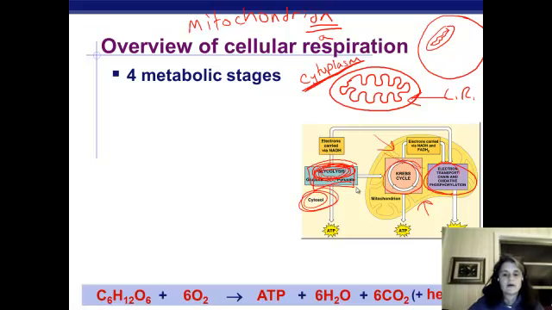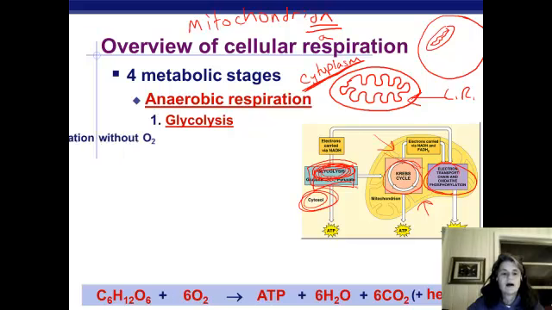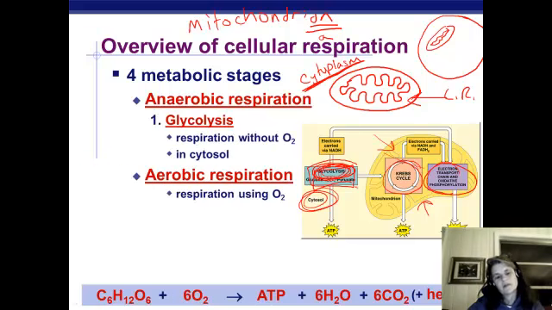Okay? So, this slide is basically showing you, let me get all the words up here. There are two fundamental types of respiration. One of them requires oxygen, and that's aerobic respiration. Okay? Respiration using oxygen.